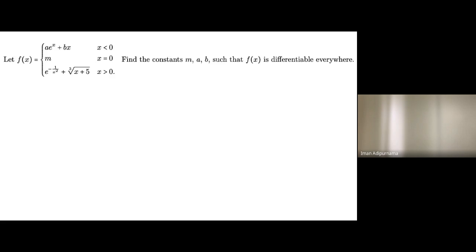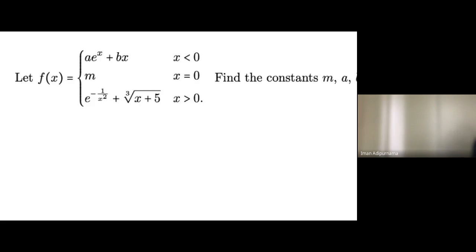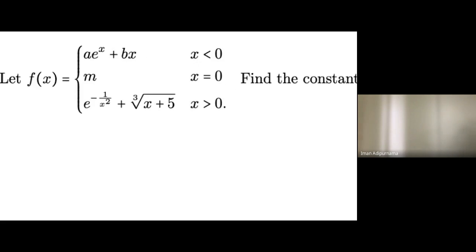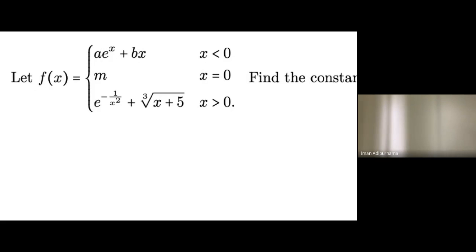Okay, let me zoom in on this equation if you think it is too small. So the equation is a e to the power of x plus bx. And then m.